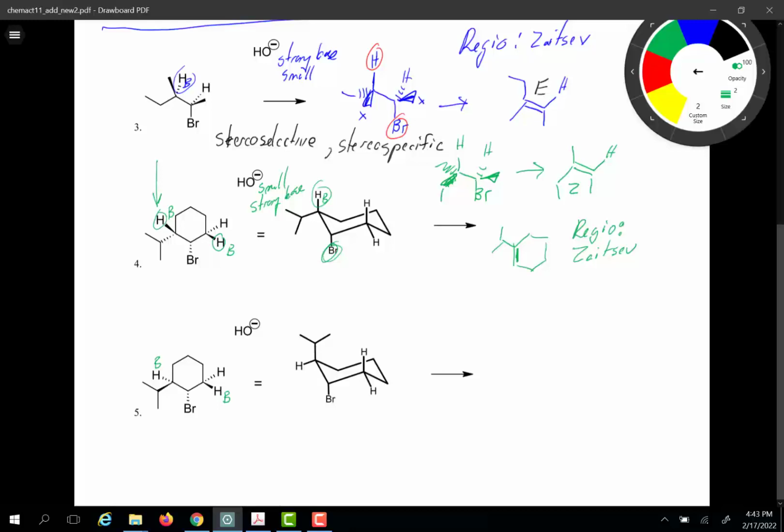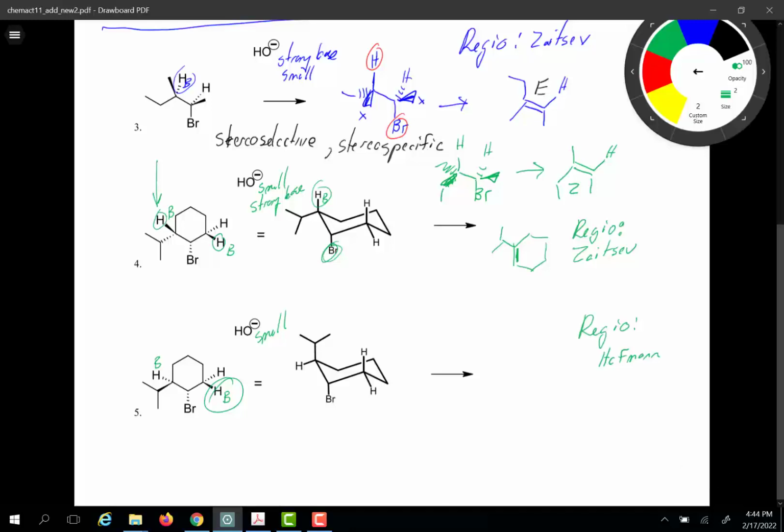It would be impossible to consider a chair conformation where that beta hydrogen could be 180 degrees away from the leaving group. Therefore, although we have a small strong base, it will not be possible for the regiochemistry to be Zaitsev. Rather, the regiochemistry by default will have to be Hofmann, because it'll be that beta hydrogen, the one that I just circled, that will be removed.